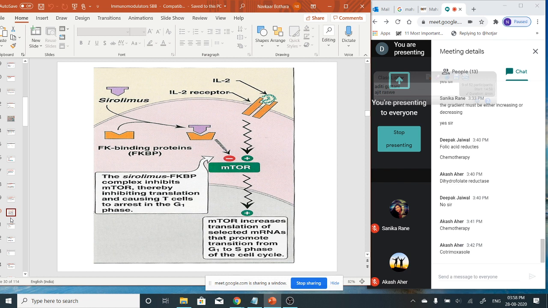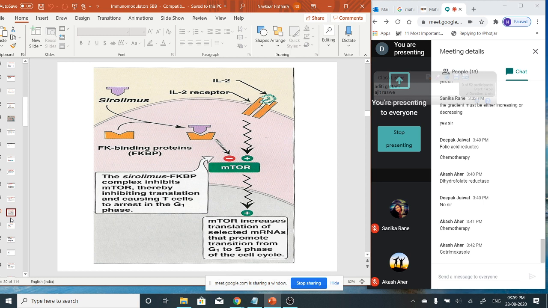Okay, so this sirolimus and FKBP complex will inhibit mTOR, the mammalian target of rapamycin, and T cells will arrest in G1 phase. They will not go beyond G1 phase, so there will not be any cell division. And if no cell divisions are there, the number of cells will be less.